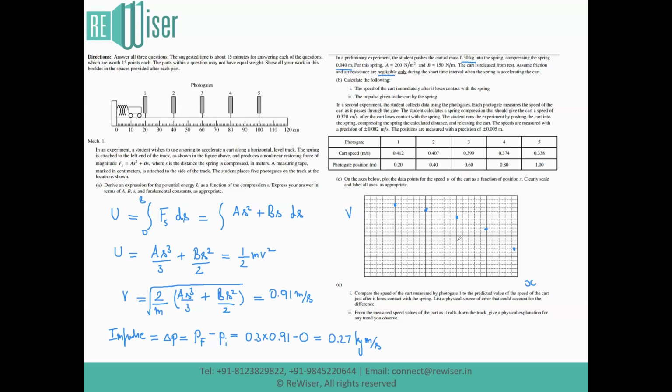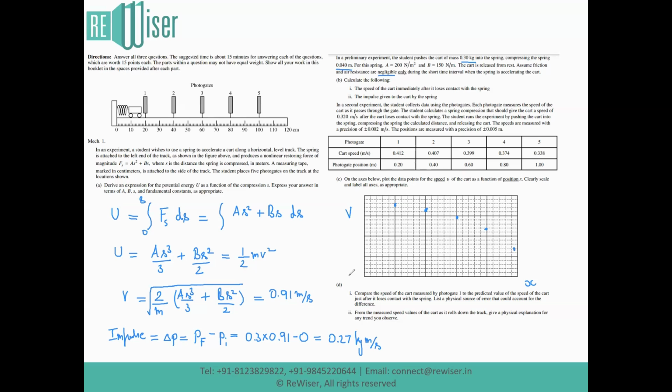Compare the speed of the cart measured by photo gate 1 to the predicted value of the speed of the cart just after it loses contact with the spring. Just after it loses contact with the spring, we have found it to be 0.91, whereas the actual value captured is 0.412.